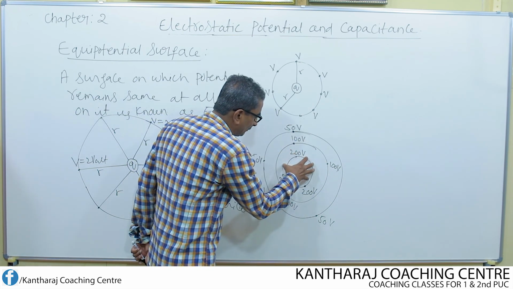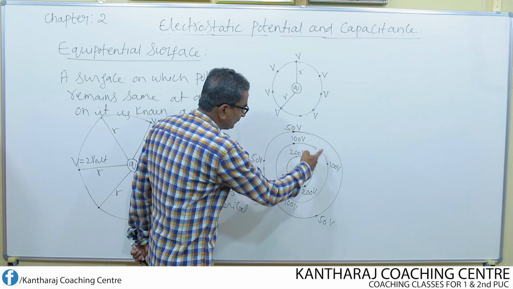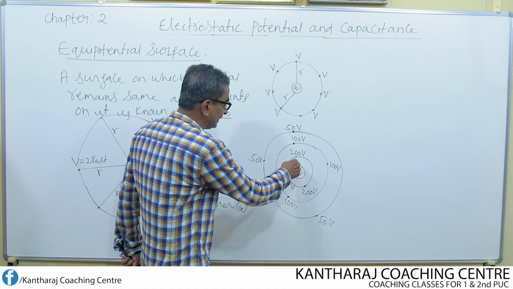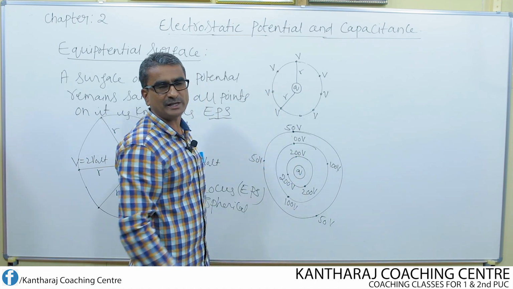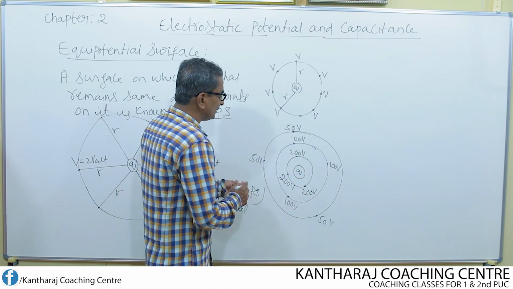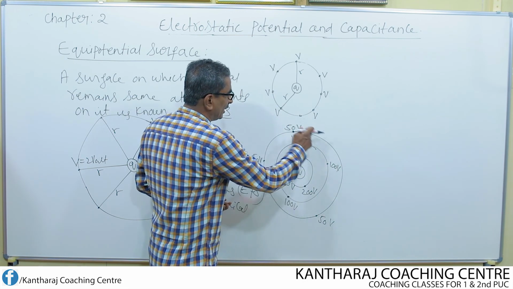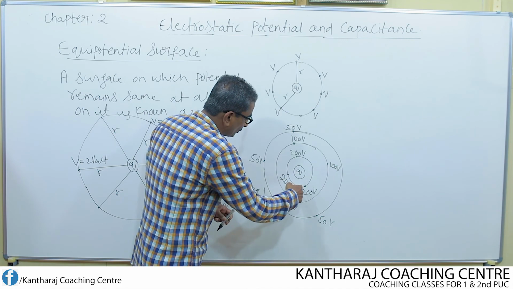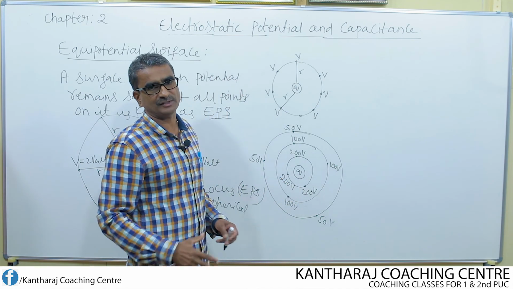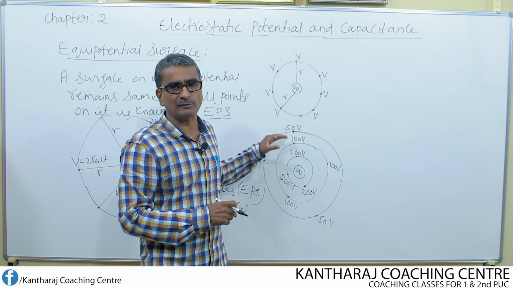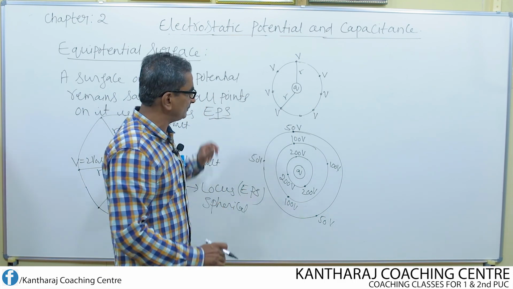For one given equipotential surface, the magnitude is the same, but it keeps varying from one surface to another, and it goes on decreasing as we move away from the charge. That means the outermost equipotential surface will have the least value of potential compared to the innermost equipotential surface. So, this is one idea you have to remember with respect to equipotential surfaces.